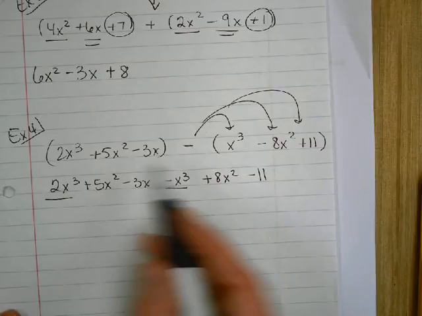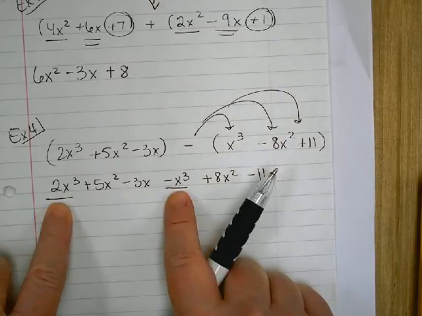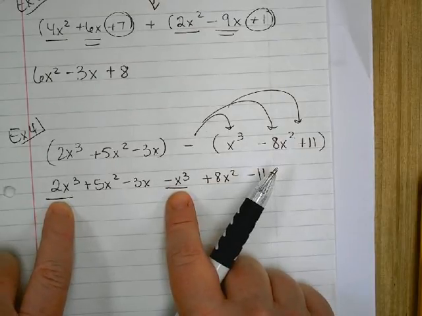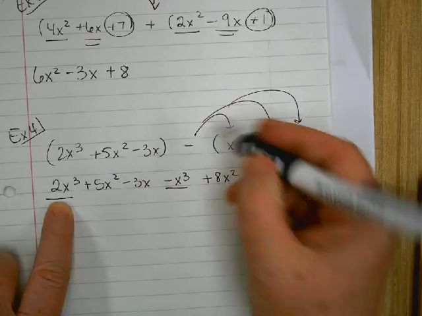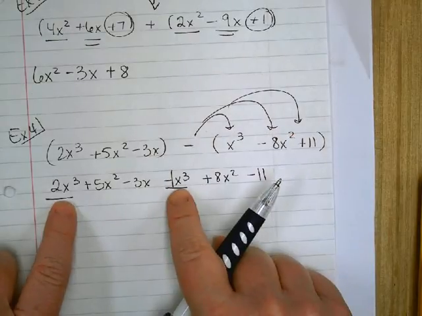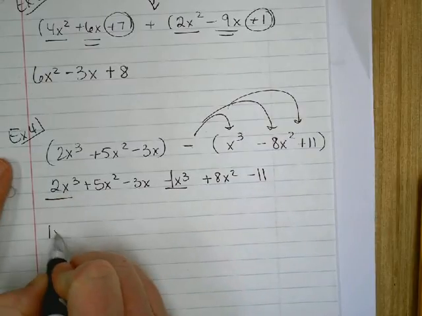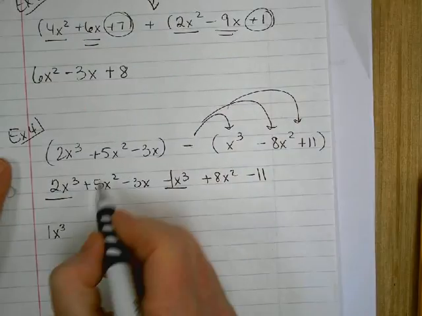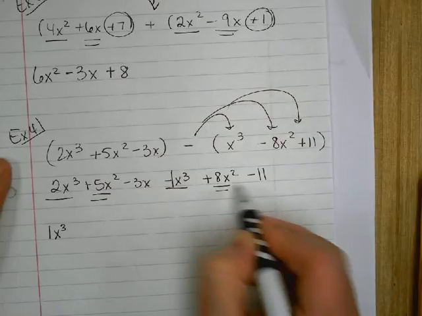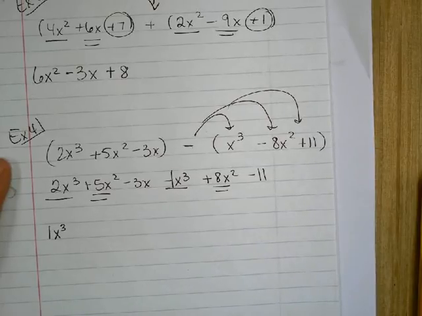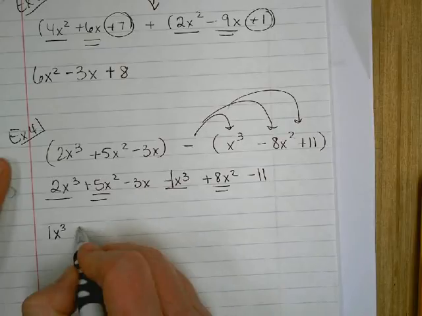Now y'all, be careful. People look at that and they want to say, "Ooh, look, the x cubes subtract away," but they actually don't. There's one of them here and there's two of them there. 2 take away 1 leaves you with 1x cubed. Then 5x squared plus 8x squared is 13x squared.